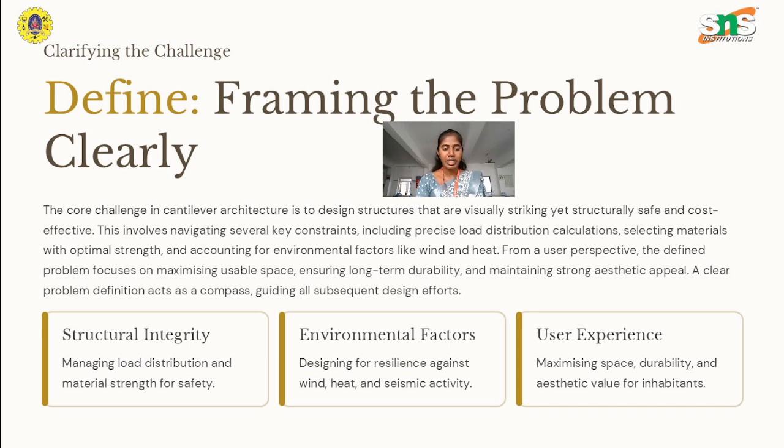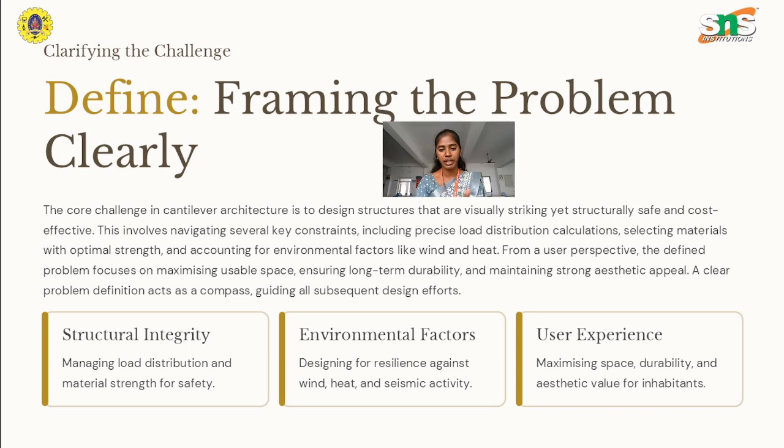The core challenge in cantilever architecture is to design structures that are visually striking yet structurally safe and cost effective. This involves navigating several key constraints, including precise load distribution calculations, selecting materials with optimal strength, and accounting for environmental factors like wind and heat.